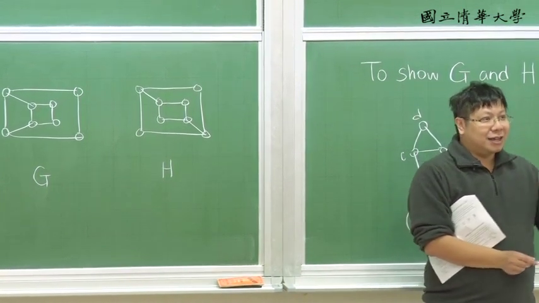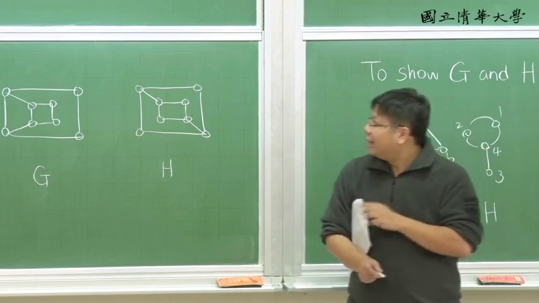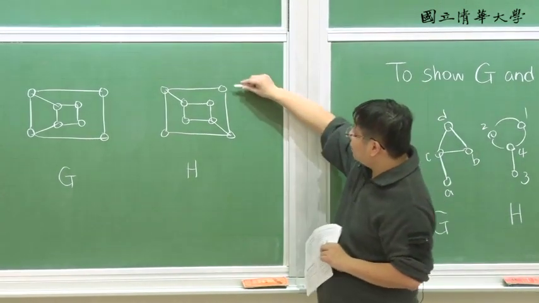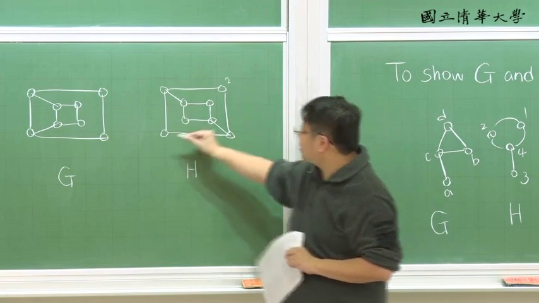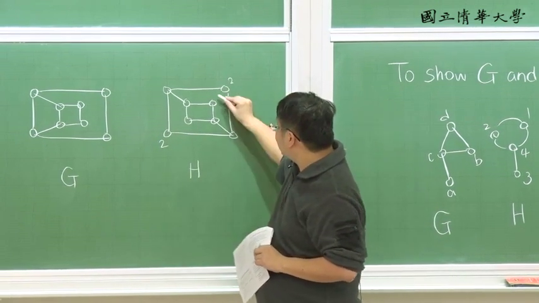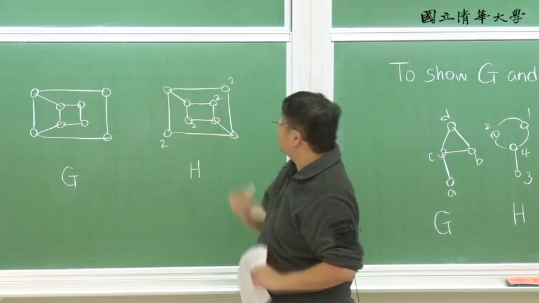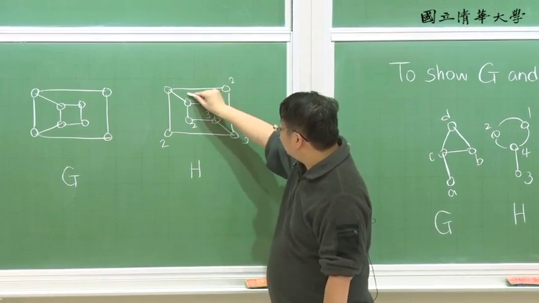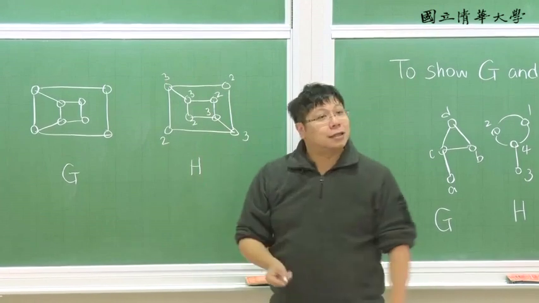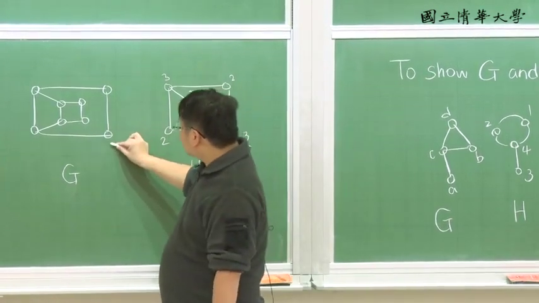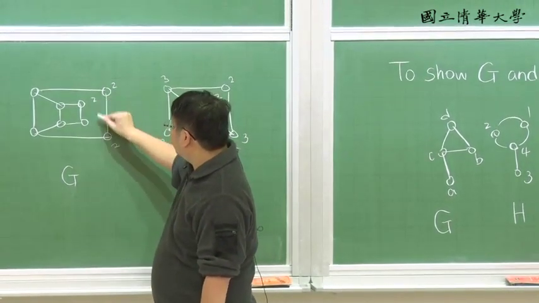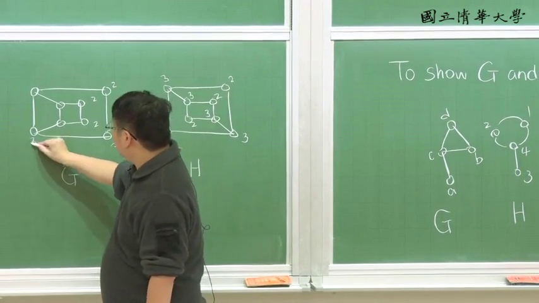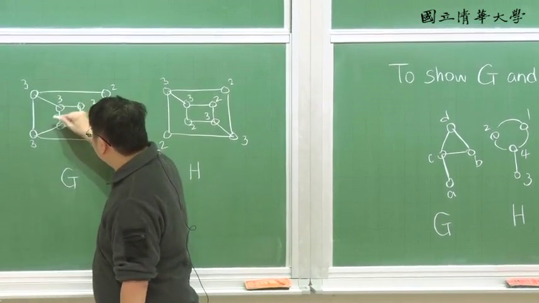And the degrees are also matching. If you look at it, this is degree 2, this is degree 2, this is degree 2, this is degree 2, and then this is 3, 3, 3, 3. And here, this is 2, 2, 2, 2, and this is 3, 3, 3, 3.